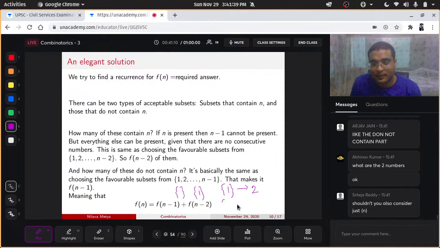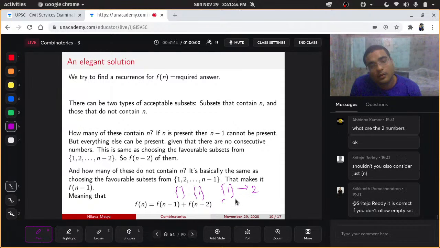I am considering just n because I have allowed the empty set. If the empty set is counted in f of n minus 1, and n is already there, and I guarantee that n is always present, so that makes it n, right?